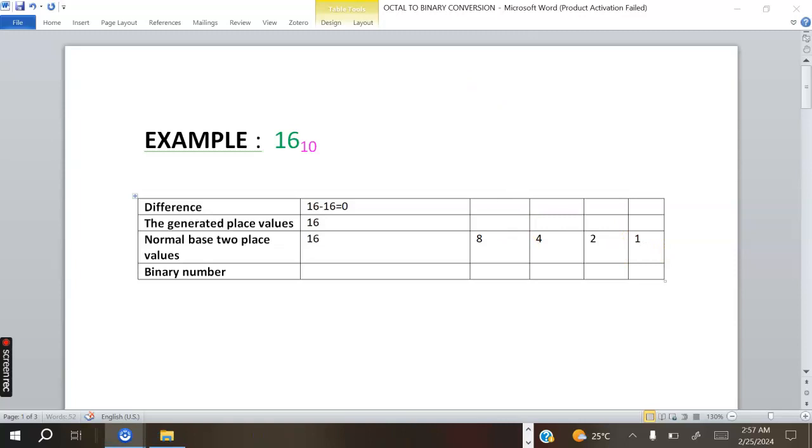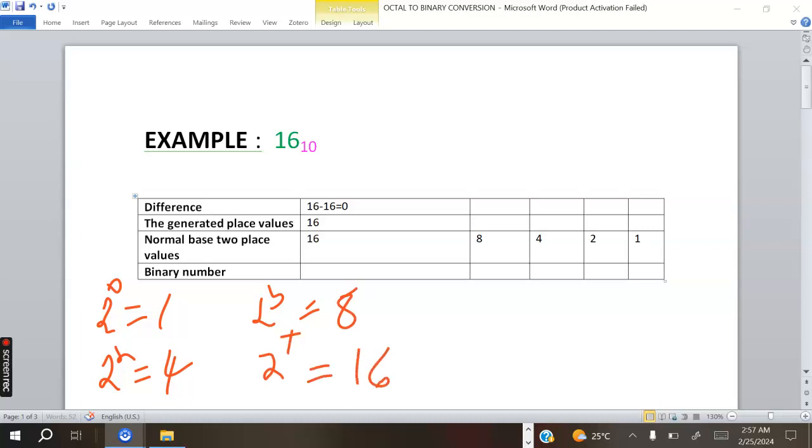Let me write this one down. 2 to the power 0 is equal to 1, 2 to the power 2 is equal to 4, 2 to the power 3 is equal to 8, 2 to the power 4 is equal to 16. So these are the factors that you consider.